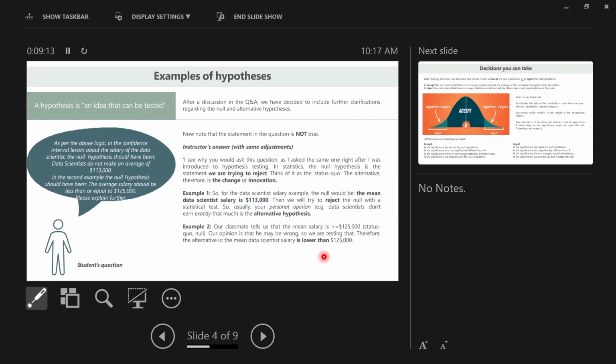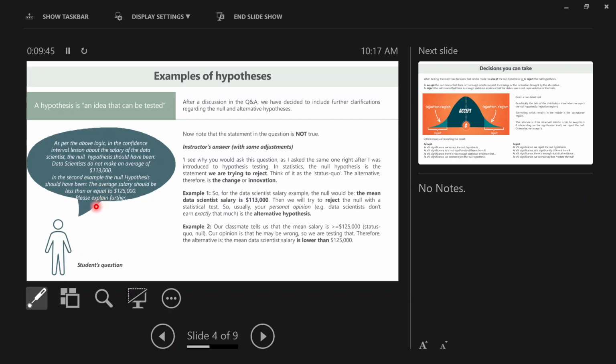So we have examples of hypotheses. As per the logic that we learned in the confidence interval lesson about the salary of a data scientist, the null hypothesis should have been, for instance, data scientists do not make an average of 113 US dollars.